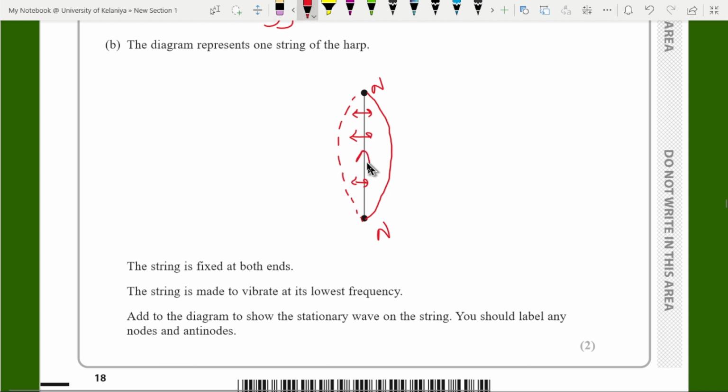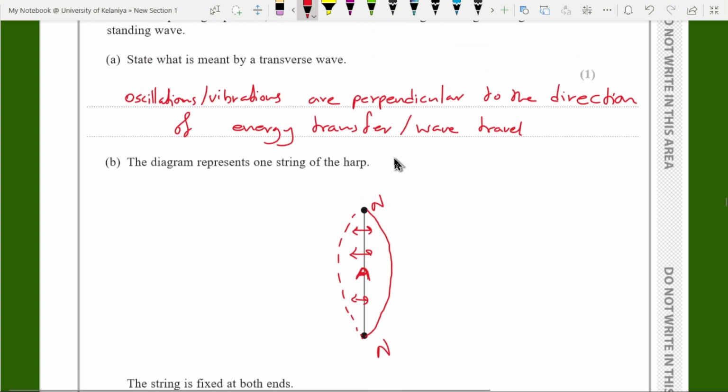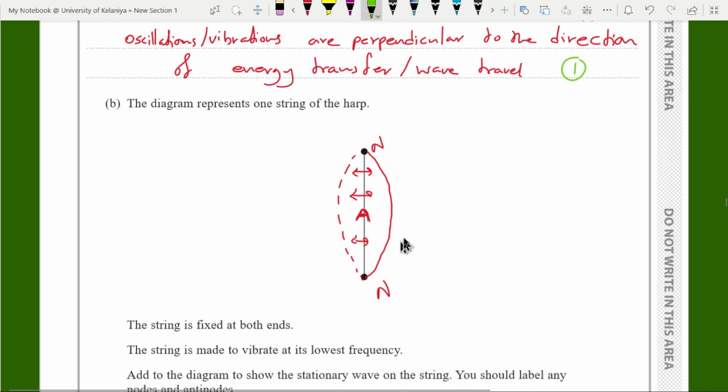At the middle of the string, you'll get an antinode. For the shape of the wave you will get 1 mark, and for the antinodes and nodes you will get 1 mark.